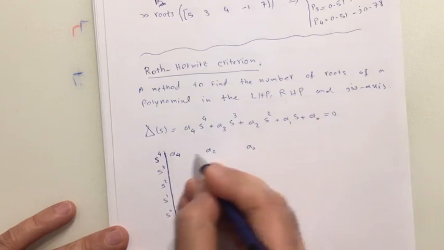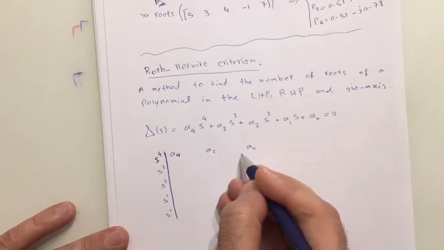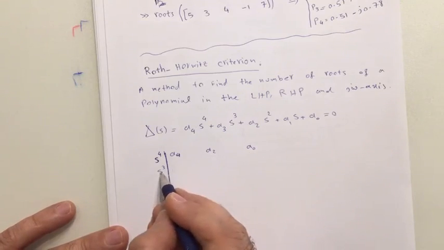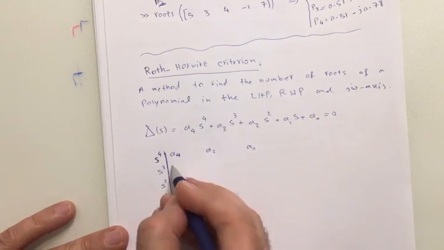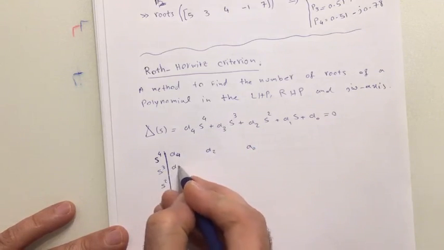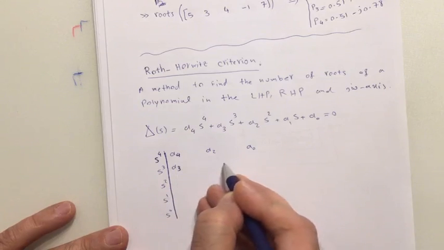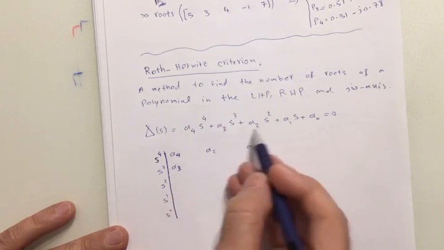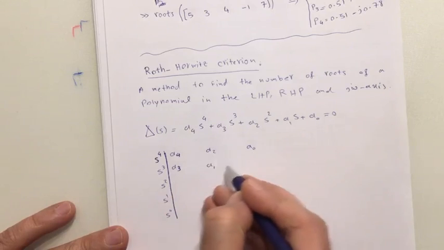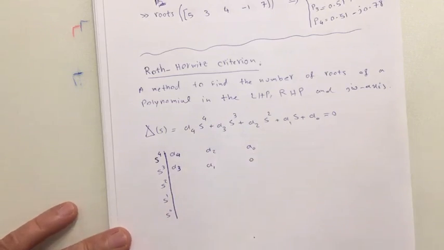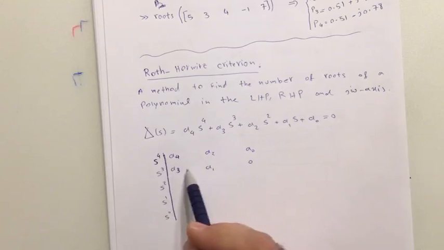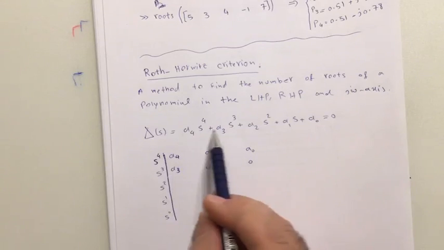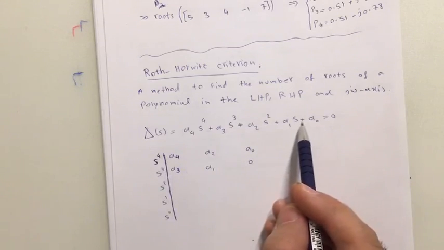In front of s cubed, we have the coefficient of s cubed, which is a3, and again every other coefficient: a3, a1, and here it would be 0. So in the first 2 rows we have all the coefficients of the polynomial.